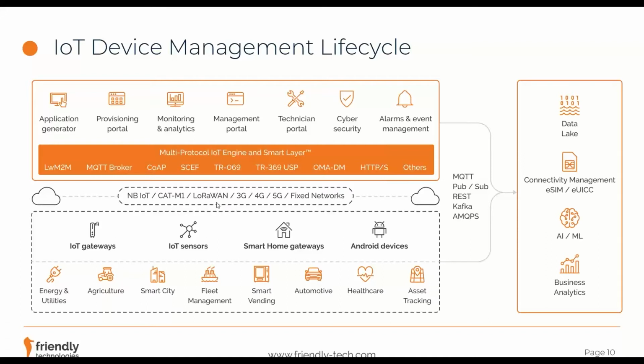LoRaWAN is an example of a non-IP RF network, but others in LPWAN could be NIDD, a non-IP data delivery function within cellular LPWAN.